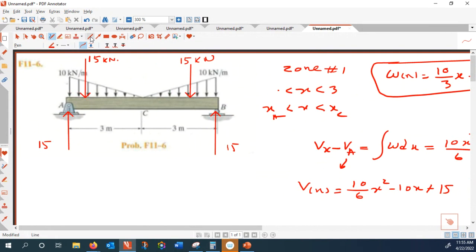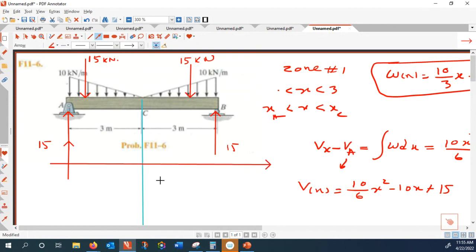Now let's plot the first zone. It starts at 15 and then goes to 0 in a quadratic way.